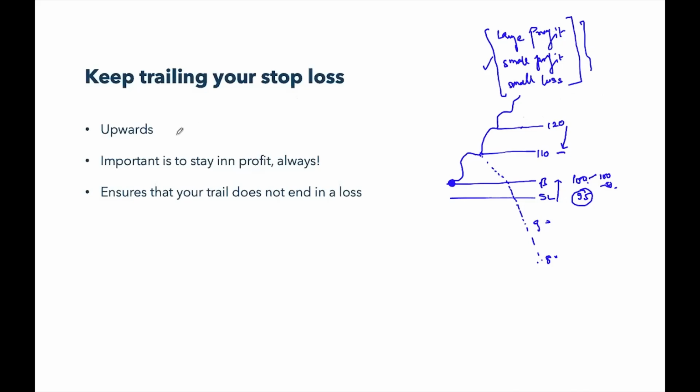So it is important to stay in profit always, and ensure that your trail does not end in a loss. When you create a trade, this has to be a very important point in our mind, that our trade should not end in a loss.